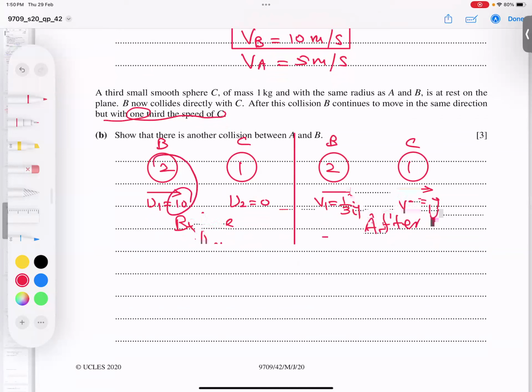The formula is very clear: M1 U1 plus M2 U2 before collision, equals M1 V1 plus M2 V2 after collision.